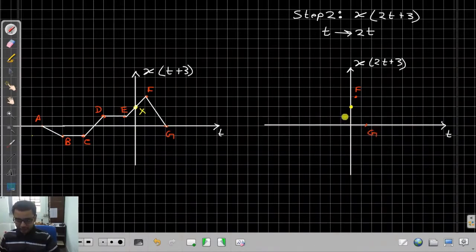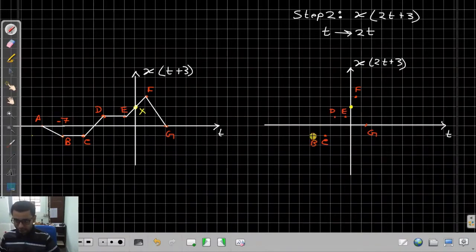Point E will be here. Point D will be here. Point C will be here. Point B, which is at t equal to -7, will now be at t equal to -3.5. So 1, 2, 3 and half. So point B will be here.